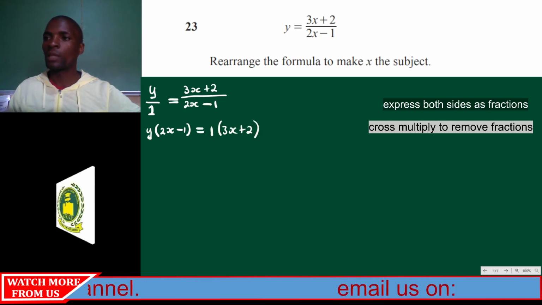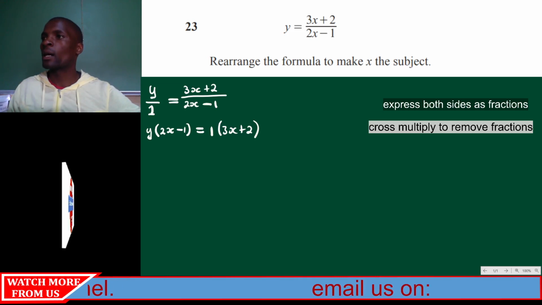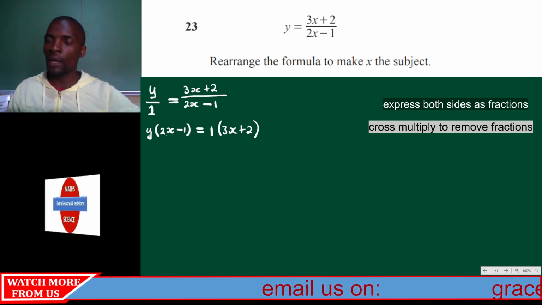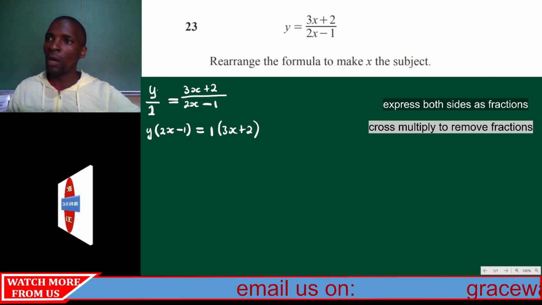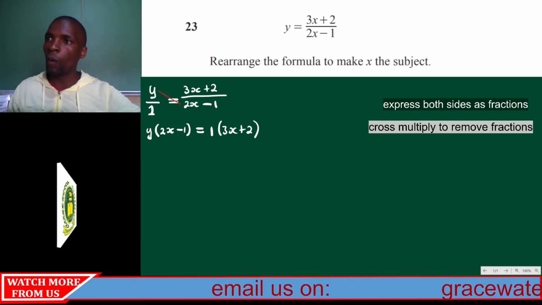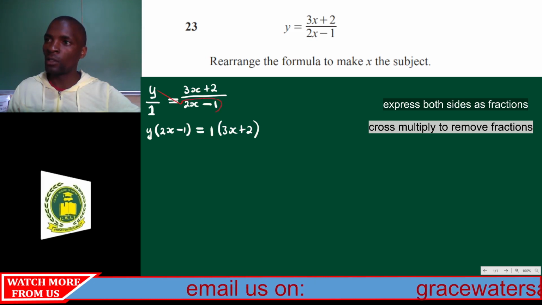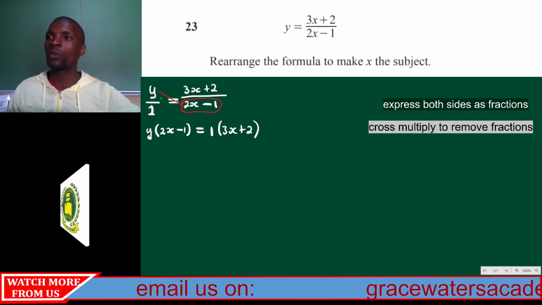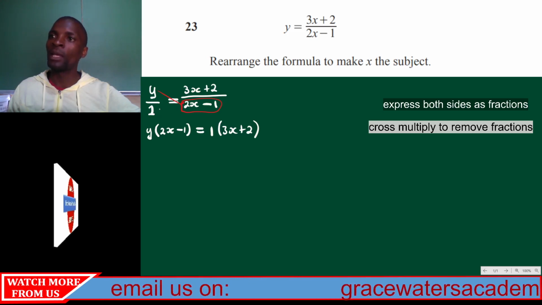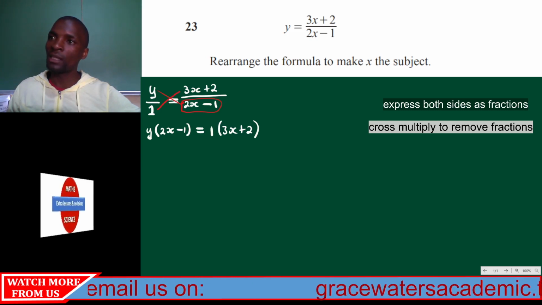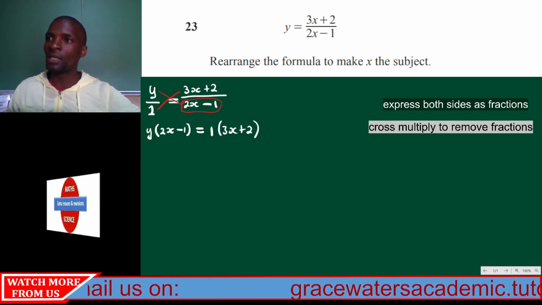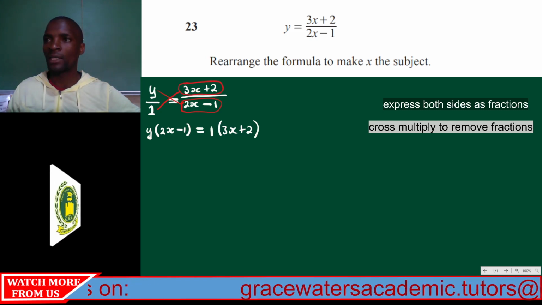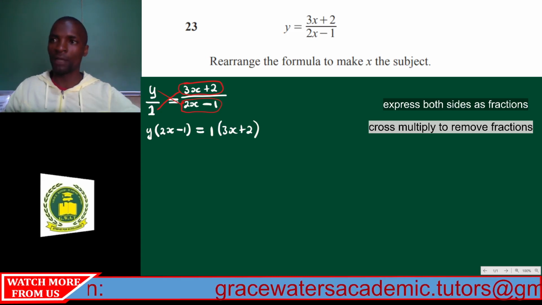There is one thing I want you to know: there is no bracket in the original, but the reason I put brackets here is that y is multiplying not one thing but everything in the denominator. So make sure everything is put into a bracket to show that y is affecting all of them. In like manner, 1 is not affecting 3x alone or 2 alone, but all of them, so put them in brackets too.